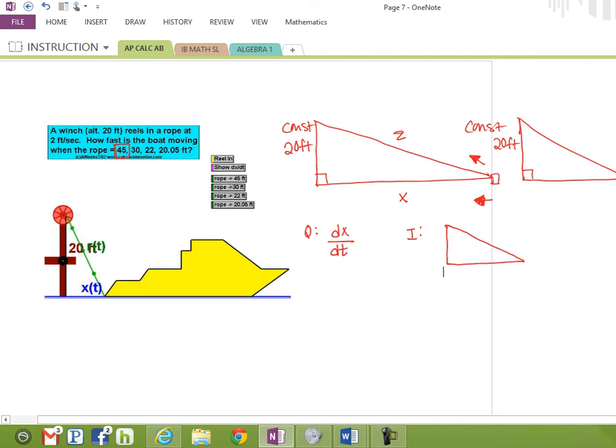So we know that this is a constant 20. The instant when the rope, the Z, is 45 feet. Now be careful. This is an instant picture, which means we're allowed to use the 20 right away. We're going to wait to use that 45. And then here's our X. You can see already that we could potentially use our instant picture to find the X, and some of you will get used to doing that.